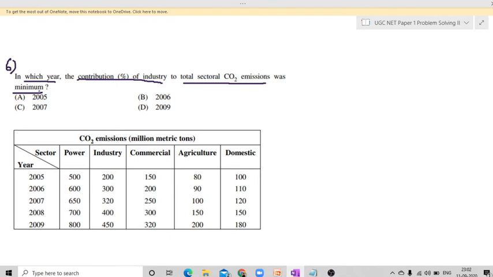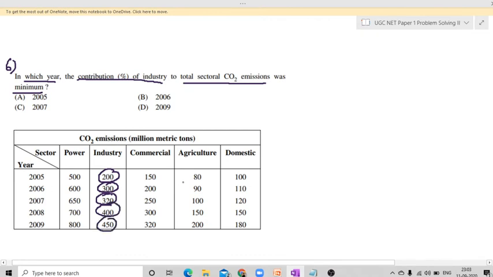So we need to find this industry's contribution as a portion of the total, and we need to find in which year it appears to be the minimum. This is our question. So yeah, let's do that, for which we need to find this industry's portion as a percentage of the total value.